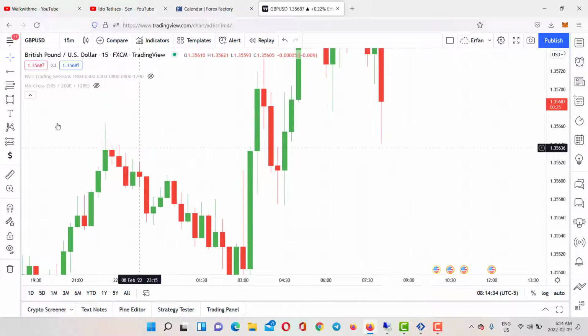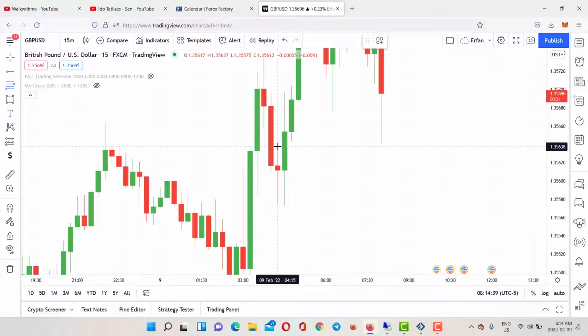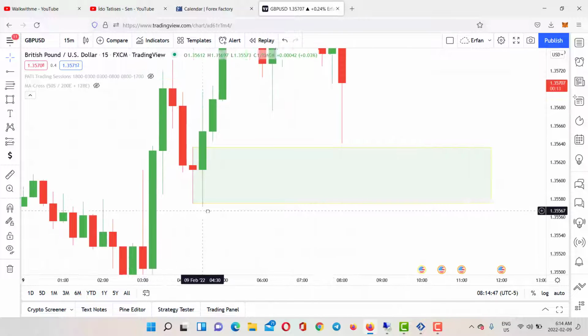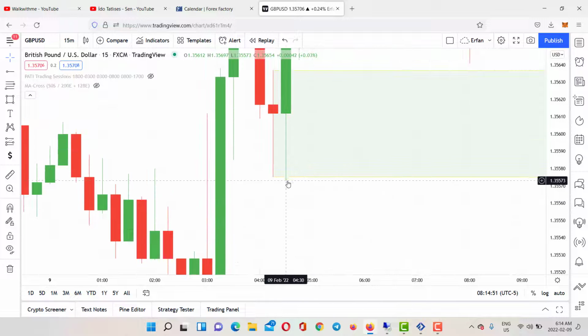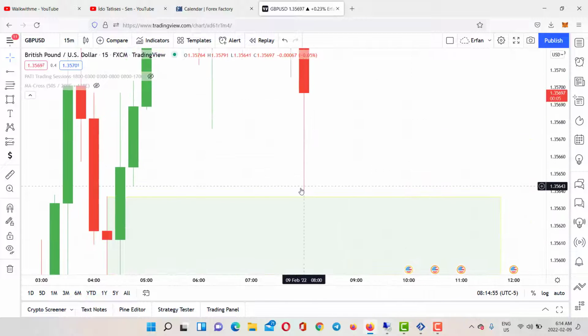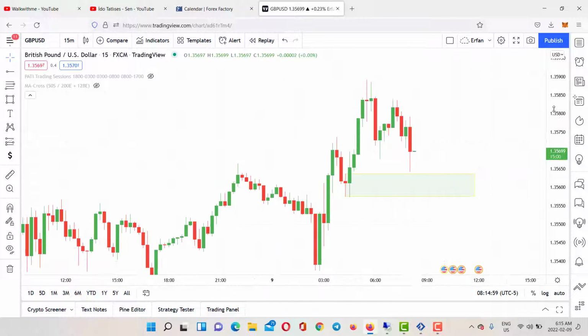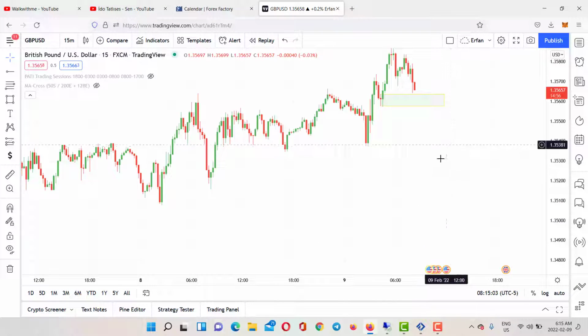This is not a high probability order block right here, because I can see this shadow here that's kind of wicked out. It doesn't make it a high probability order block, but the price is trying to tap into this zone on a 15-minute time frame. Let's see what happens after that, because it's definitely bullish.